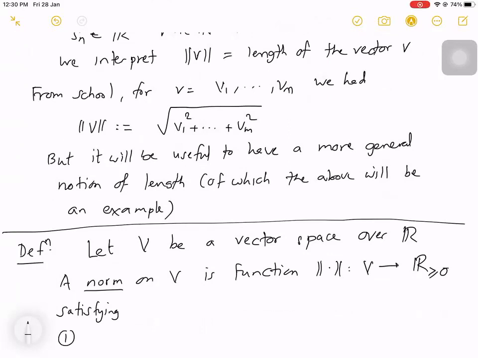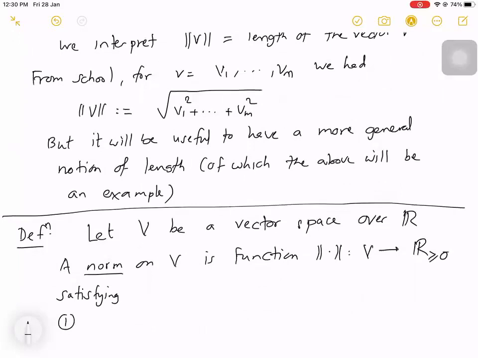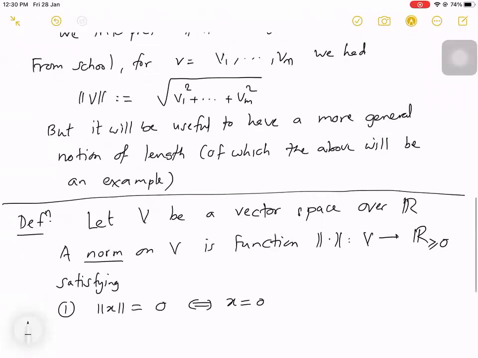So one is that you want everything to have positive length except for the 0 vector. And of course, the 0 vector should have 0 length. So for all x in V.